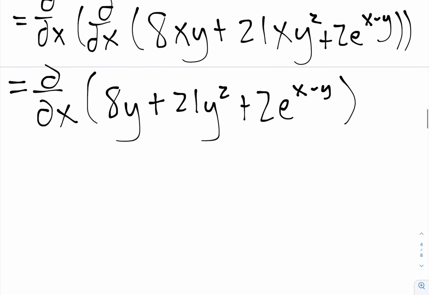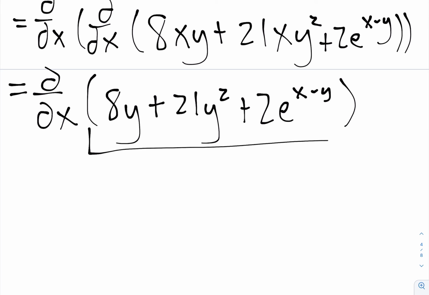Okay, last step. We're taking the partial derivative with respect to x of everything on the inside there. 8y doesn't have an x in it, so we can call that a constant. And the partial derivative with respect to x of a constant, or the ordinary derivative of a constant, is just 0. So it's going to be 0 plus, same thing here, 21y squared.